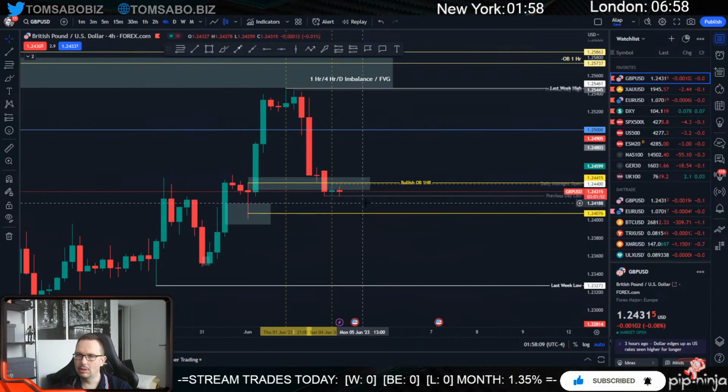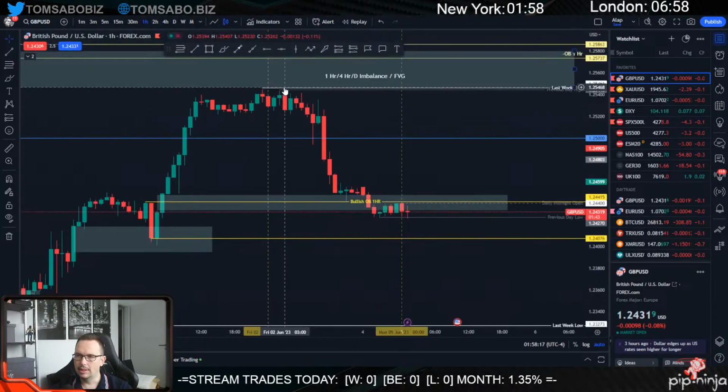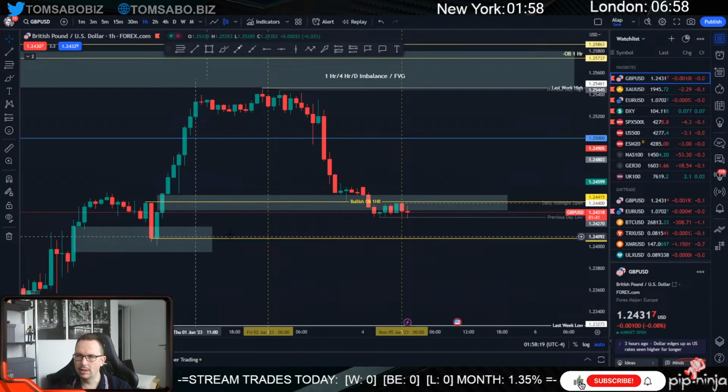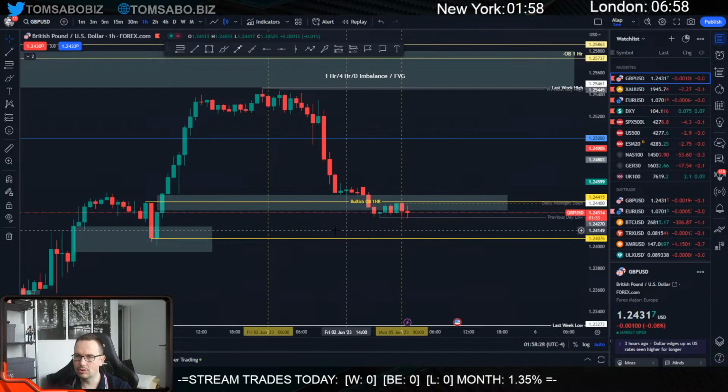I know that we can go down to the consequent encroachment of this candle all the way down, but so far we are in an hourly order block, which is not good for this limit order, right? Risky trade.